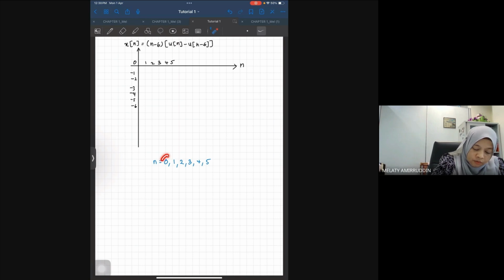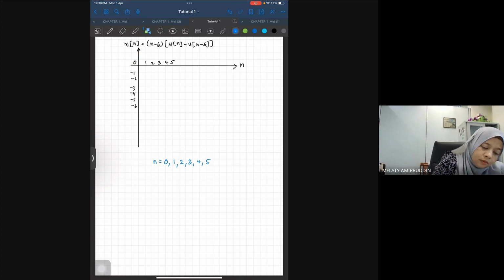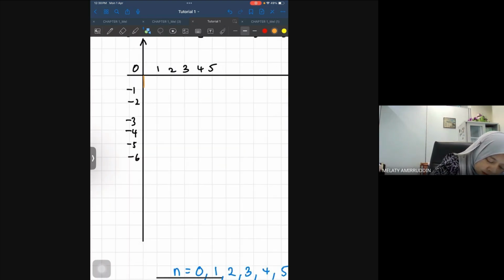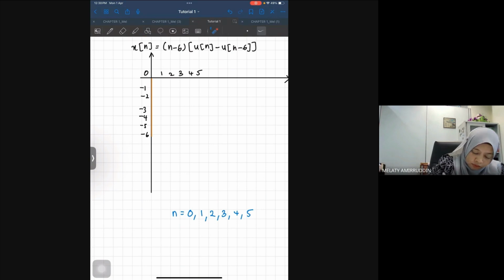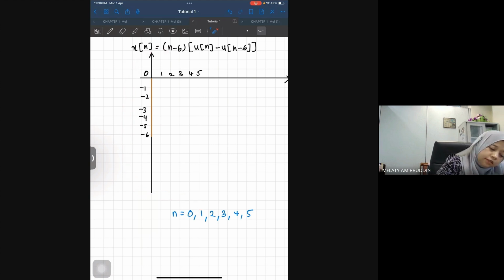At 0, you substitute here, you will get the amplitude negative 6. If you substitute 1, 1 minus 6, you will get negative 5, negative 5 at 1.